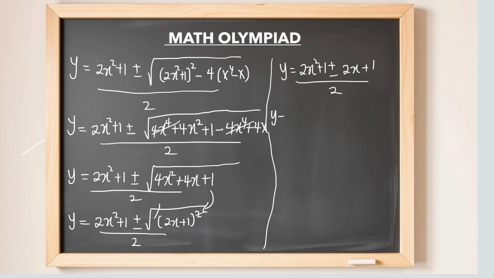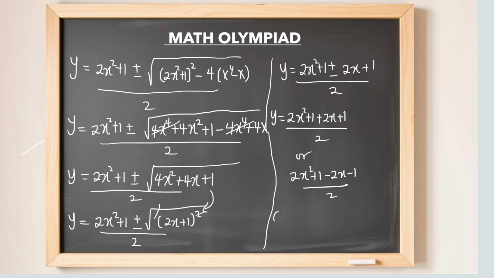So here we have y equals 2x squared plus 1 plus 2x plus 1, over 2. Or for the negative side, we have 2x squared plus 1 minus 2x minus 1, over 2. So now we're going to have two cases.